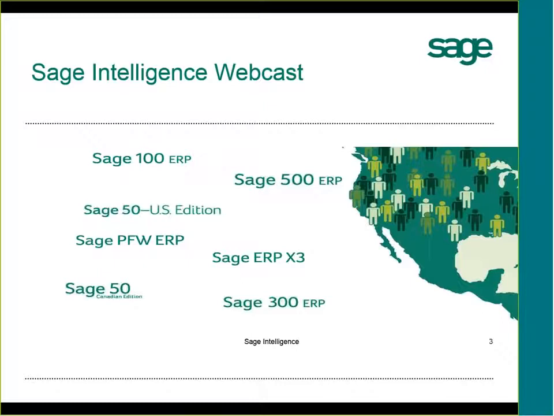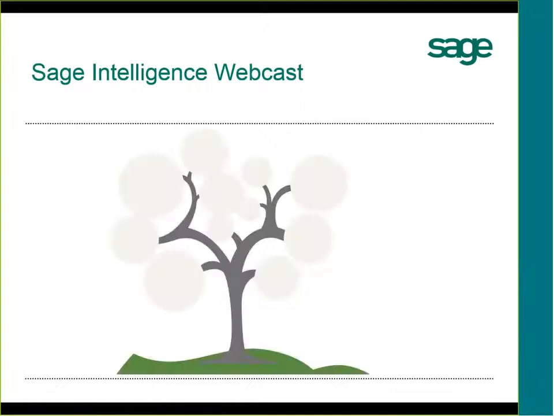So that means Sage 50 Canadian edition, Sage 50 US edition, PFW, Sage 100, Sage 300 ERP, Sage 500 ERP, and also Sage ERP X3. So this webcast is also for those of you on any of these ERPs.